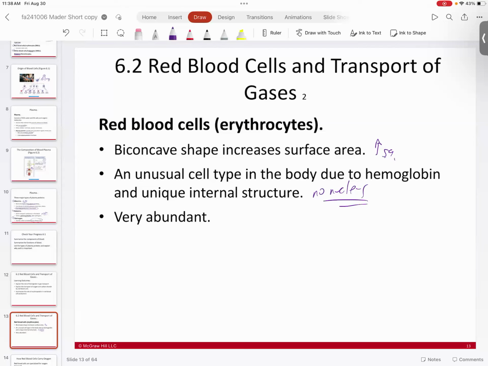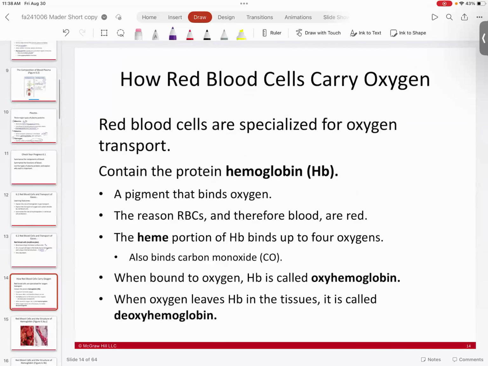And the reason why they don't have a nucleus is because essentially they're full of the protein hemoglobin, which is the protein that's responsible for binding to your oxygen. So when you take a look at hemoglobin, you really have a system here that's really differentiated and really torqued out for oxygen transport.